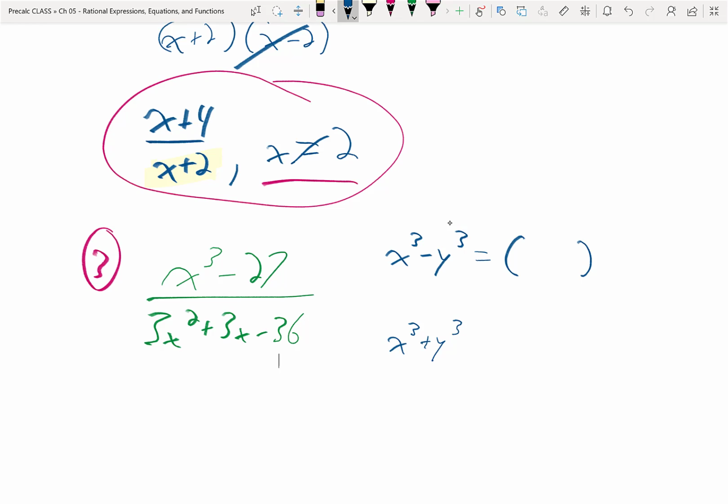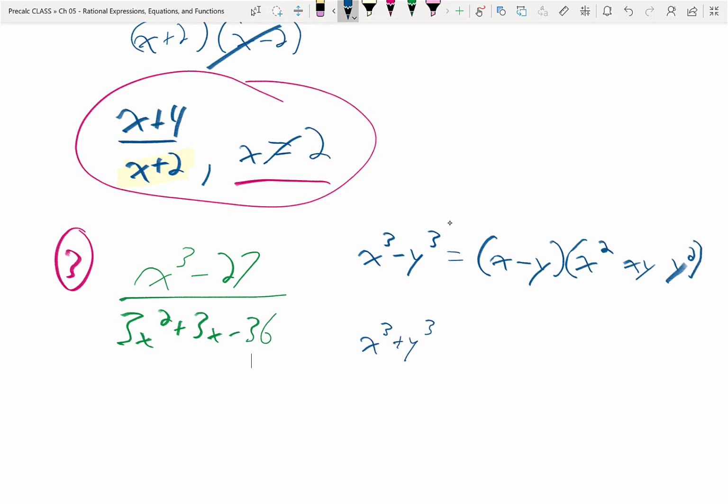The first thing that you would write is a binomial, and it's the cube roots of each of them. That would be x minus y. But the second thing you write is a trinomial. First, it's the square of the first one. Then it's the product of the 2 of them. Then it's the square of the last one. And there was an acronym that helps you remember the signs.